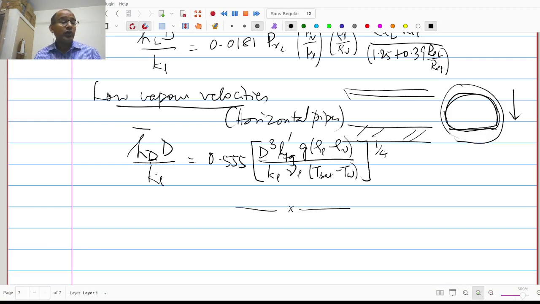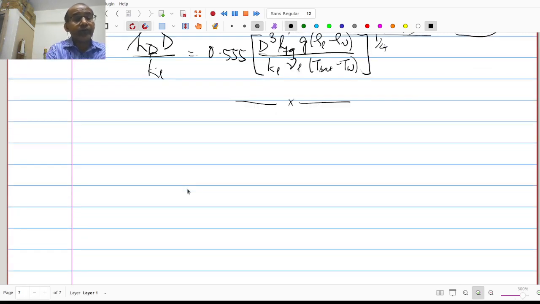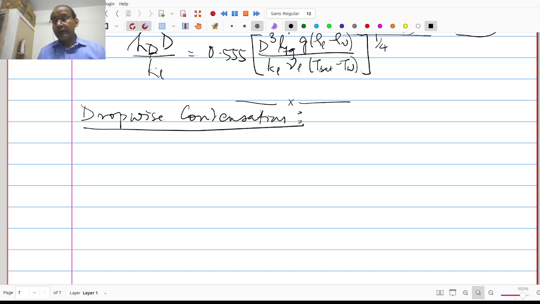Okay, so now let us. In the lecture yesterday, we actually discussed that when the vapor condenses, it forms a liquid film which wets the surface completely.